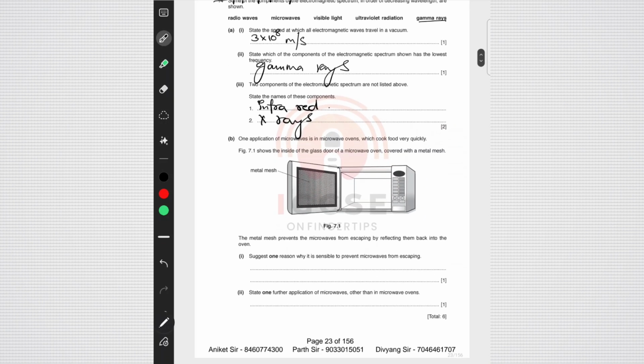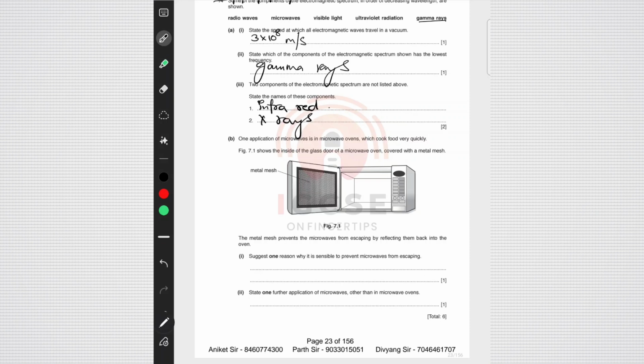Then one application of microwave is microwave ovens. The question is to state one reason. One application of microwave is in microwave ovens, which cook food very quickly. Figure 7.1 shows the inside of the glass door of a microwave oven covered with metal mesh.